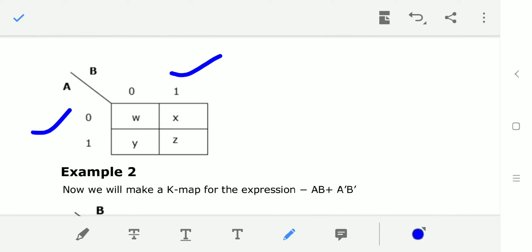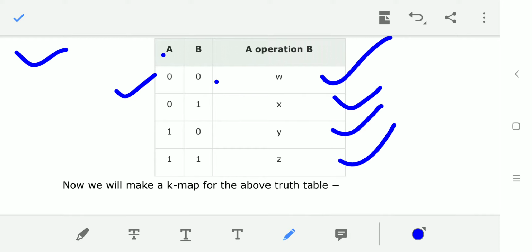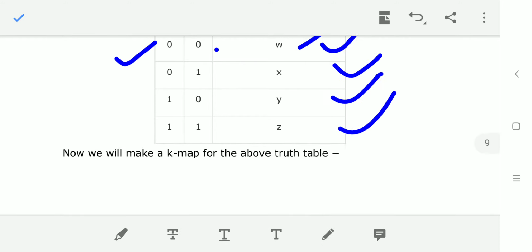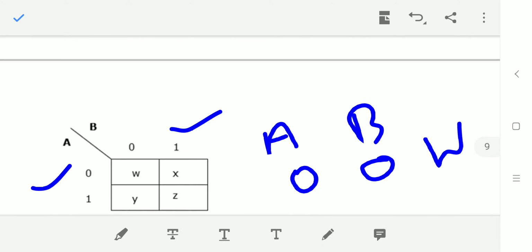W, X, Y, Z. अब आप यहाँ पे देखिए, if the values are A 0, B 0, then output is W. यहाँ पे अब आप ऊपर देखिए, A 0, B 0, then A operation B is W. It means इस लाइन के जो नीचे आप कोई भी वैल्यू लेंगे और ऐसे ही आप ऊपर लेंगे तो उनका जो भी कॉम्बिनेशन आता है वो आपको आउटपुट के रूप में दिखाएगा.